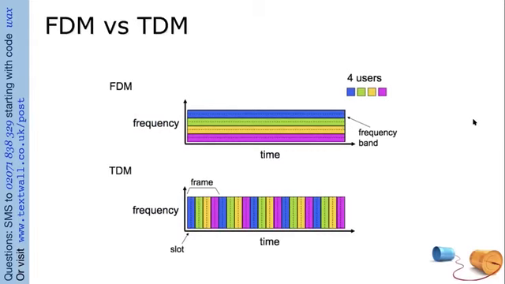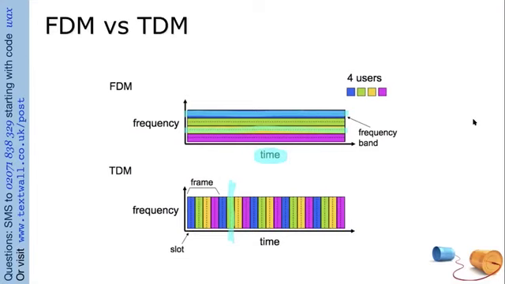So in frequency division multiplexing, all the time, a channel is used exclusively at a particular frequency. So each frequency band is assigned to a particular channel or a user pair all the time. Whereas in time division multiplexing, each user is given a single slot in time.